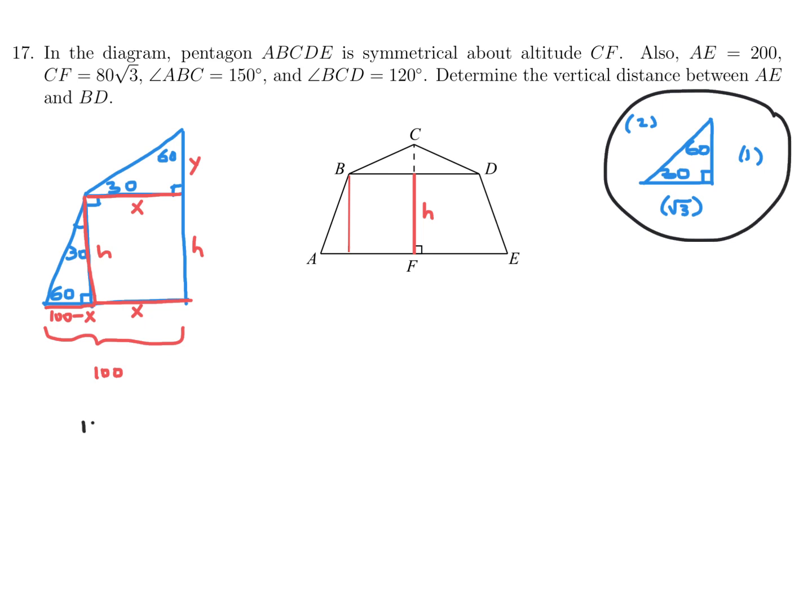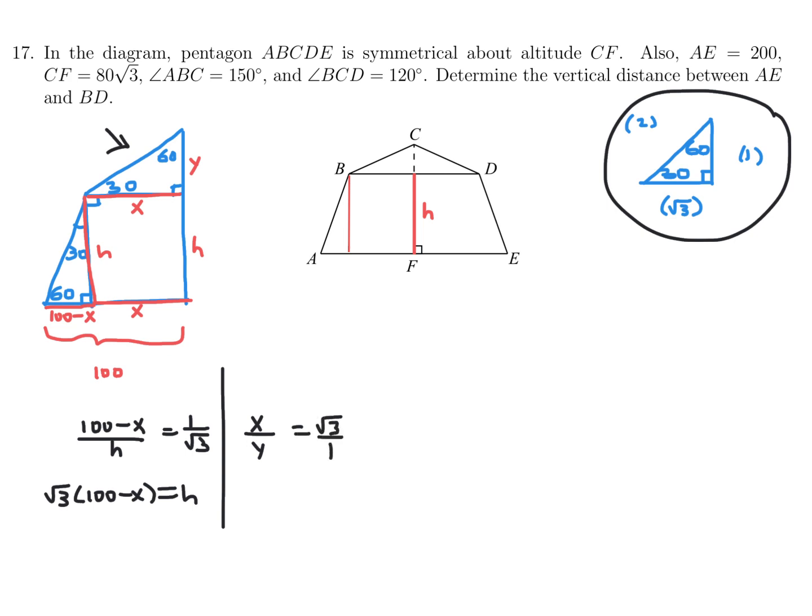So that means that 100 minus X over H is the same as 1 over root 3 using those ratios of the sides. So that means that H is equal to root 3 times 100 minus X. And then in this triangle up top, we can deduce that X over Y is the same as root 3 over 1. So therefore, X over root 3 is equal to Y.